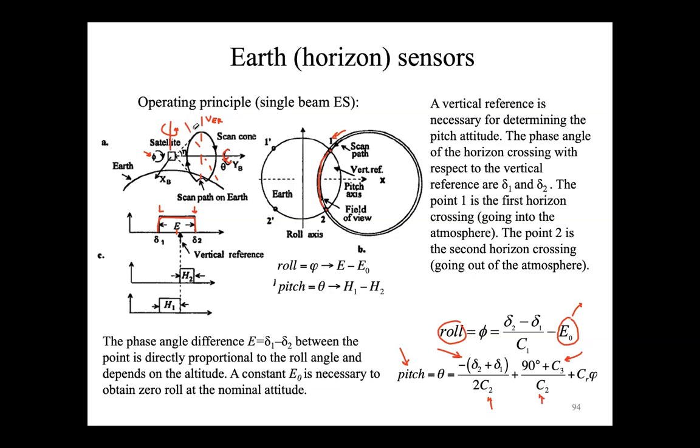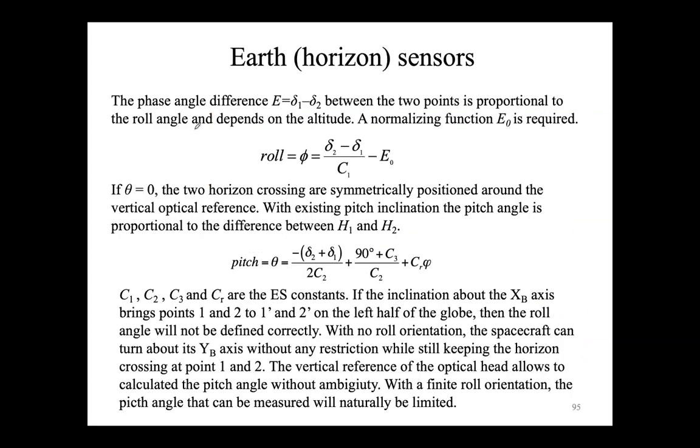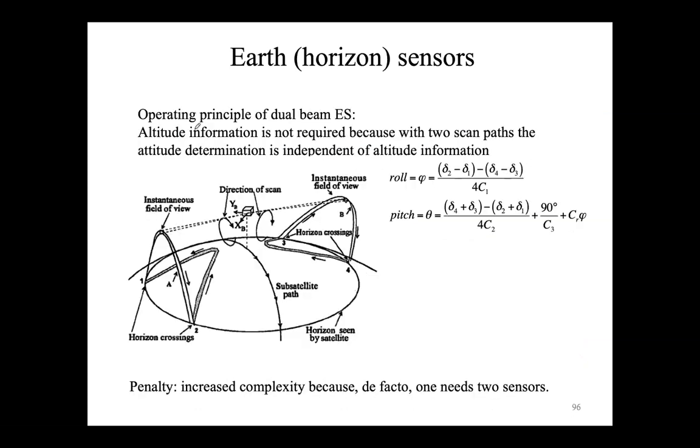In space, as you know, you always want to reduce the number of electronics and sensors, because you want to reduce mass and power consumption. So that will not be a good solution. And on top of that, that will not give you a solution for the altitude. So you still need to know the altitude of the spacecraft. A solution that addresses these main tasks is the Earth sensor that is called the dual scan sensor.